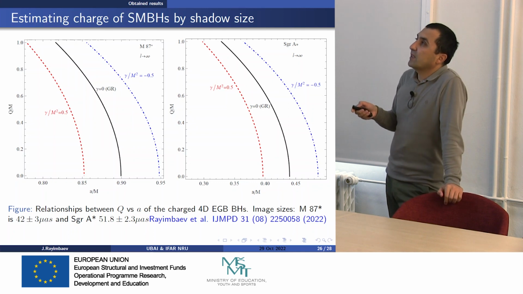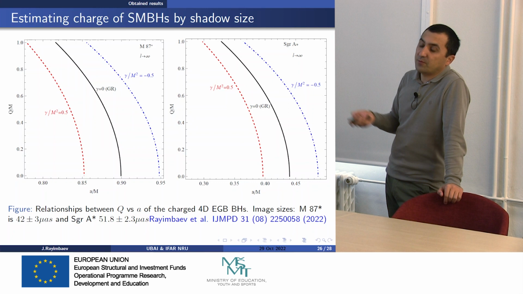And we can see that in the frame of general relativity, the spin of the M87 black hole is about 0.9, as obtained by other observations.